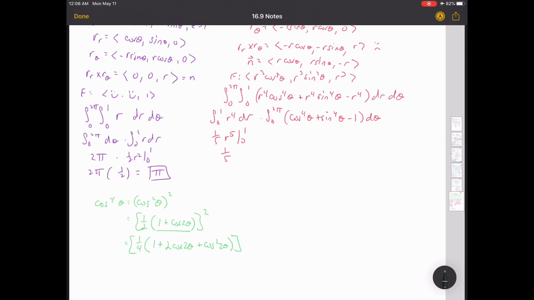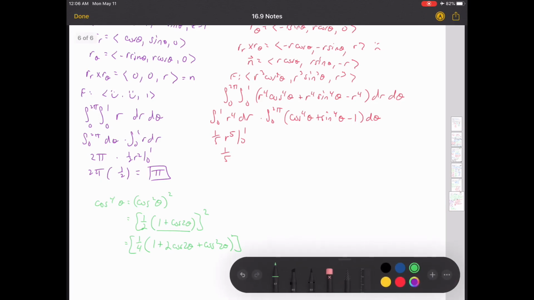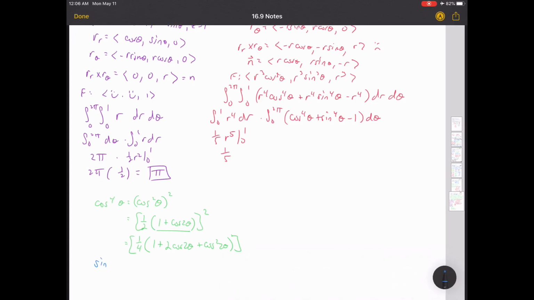All right. The sine is going to break down basically the same way. So sine to the fourth theta is the same thing as sine squared theta squared, which, by using the reduction formula, is 1/2 of 1 minus cosine of 2 theta, that whole thing squared.